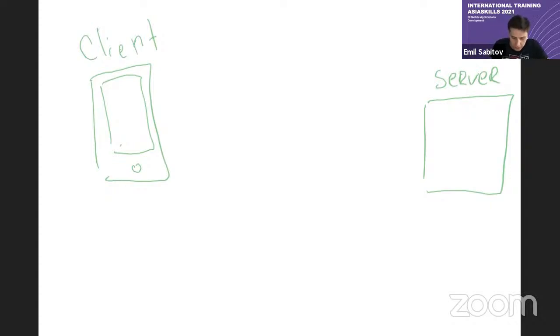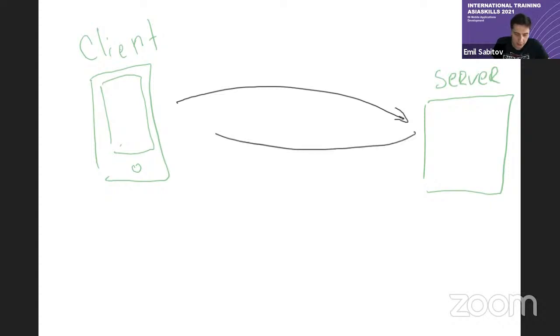And during work, we've got a few types of requests, like a device sending some information, and the server preparing some response for that and sending it back. So it's one long arrow.